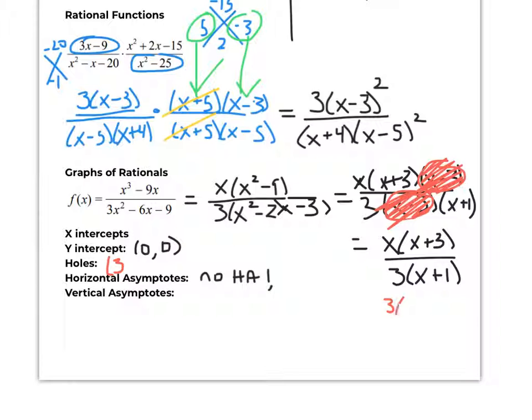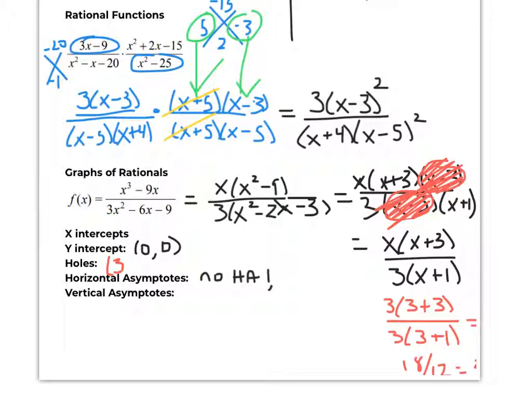So 3 times 3 plus 3 over 3 times 3 plus 1. That would be 3 times 6 over 3 times 4, which is going to be 18 over 12, which is 3 over 2.